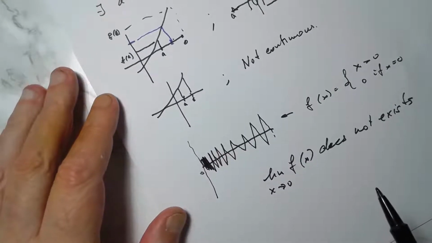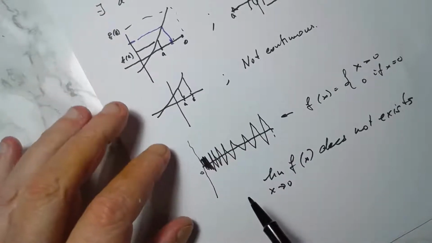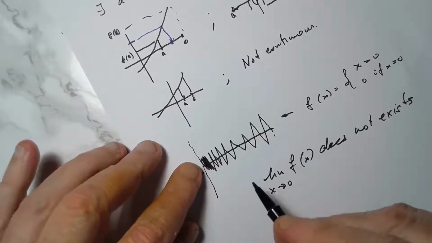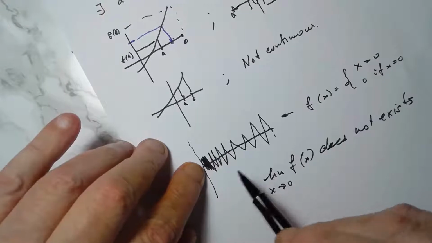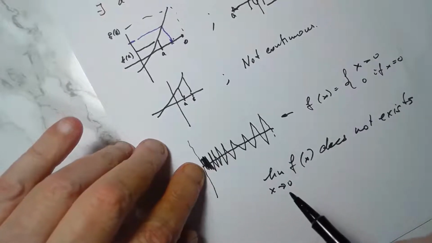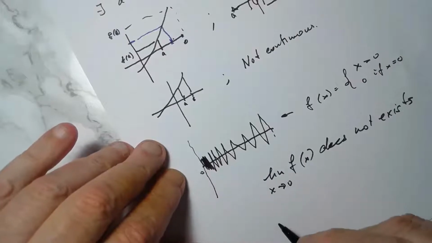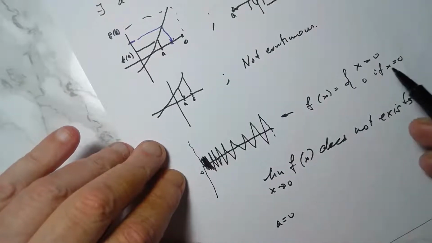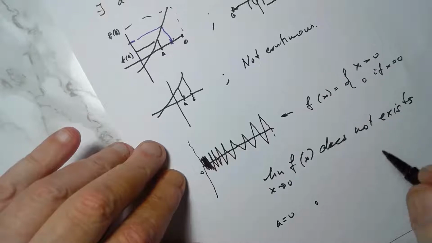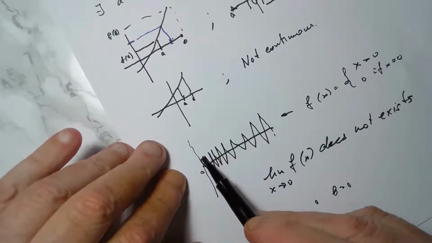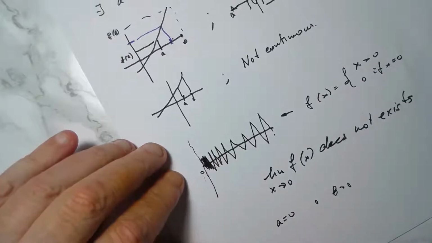On the other hand, it obviously satisfies the intermediate value theorem because if a is not 0, then this is just a continuous function and it satisfies the intermediate value theorem. Now, if a is equal to 0, then the value of the function is 0, and for any b greater than 0, between 0 and b it will take all possible values.